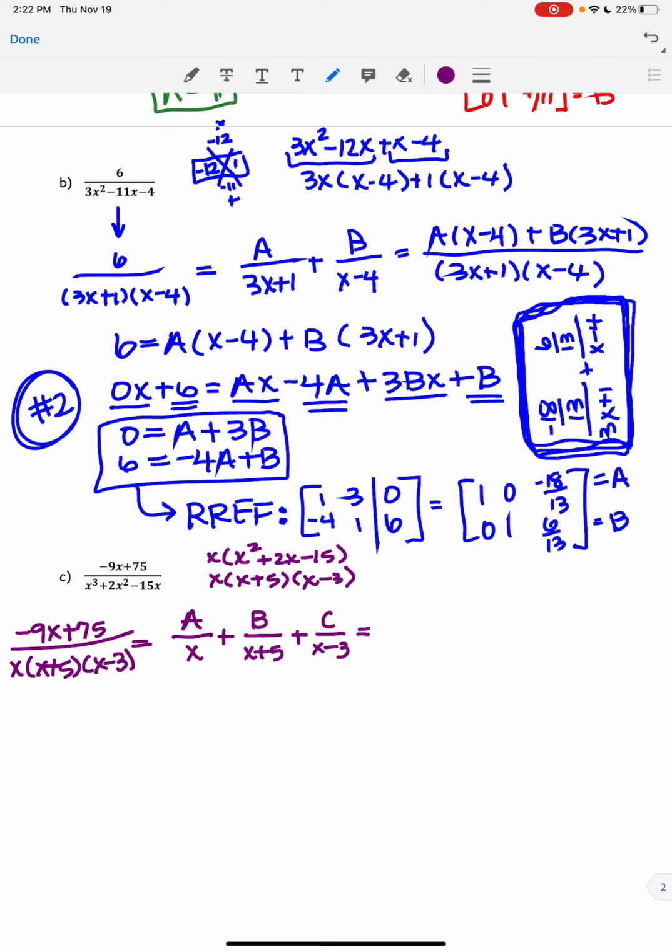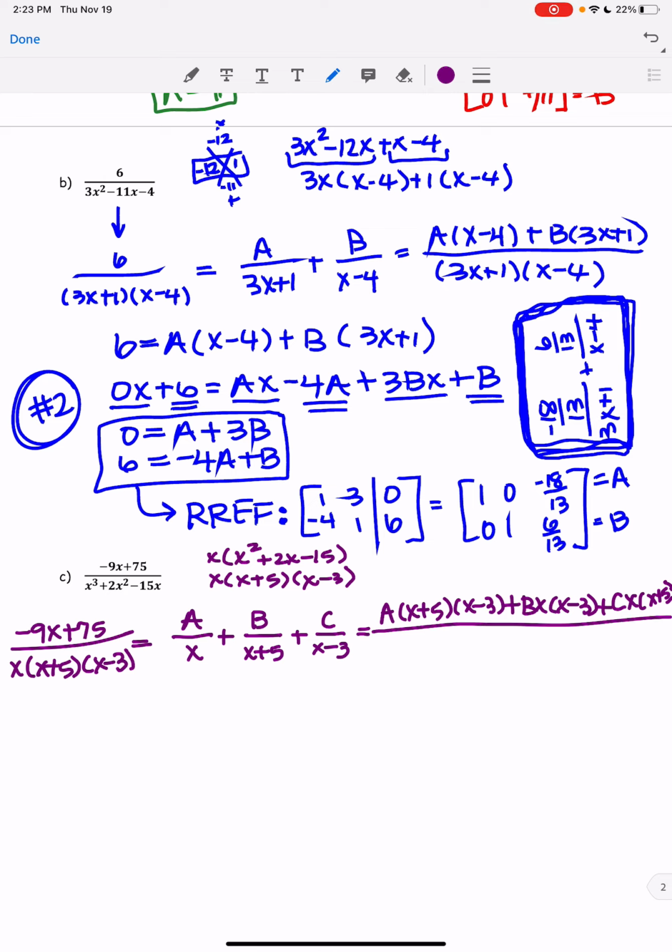Okay. Now this time, when I multiply, I'm doing A times both of these here, and then B times both of these here, and then hopefully you're seeing the pattern, C over these two here. That's an x plus 5.